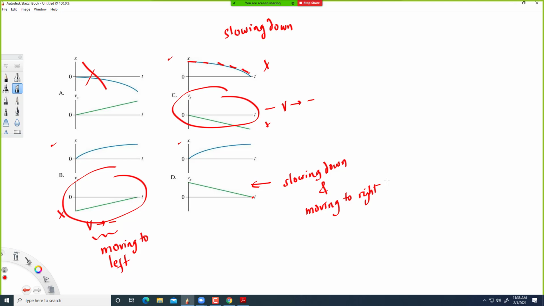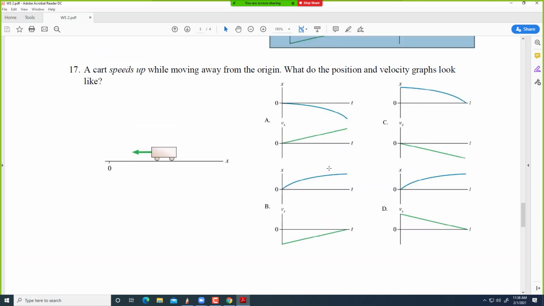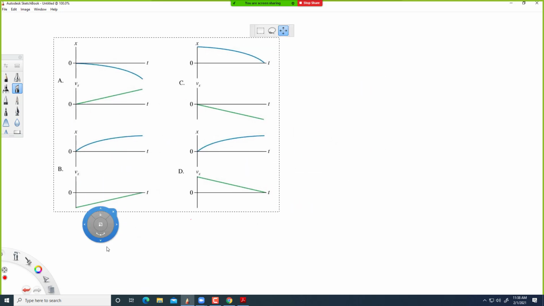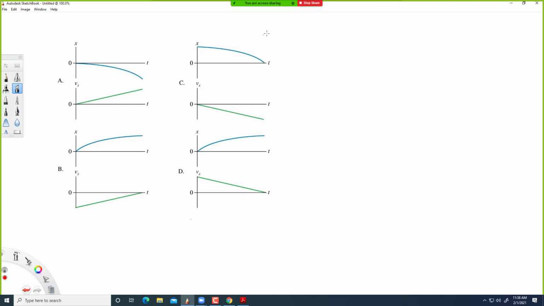Okay, so let's look at number 17. First, look at the position versus time graph and see which ones you can eliminate. The condition here is that it's speeding up and moving to the left.